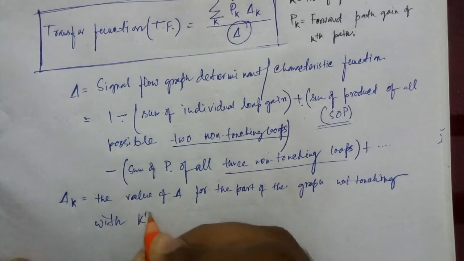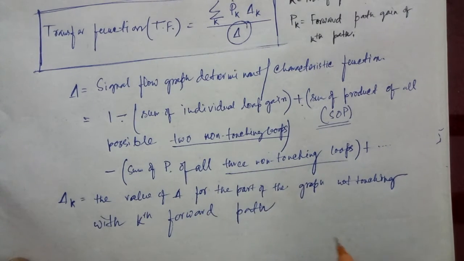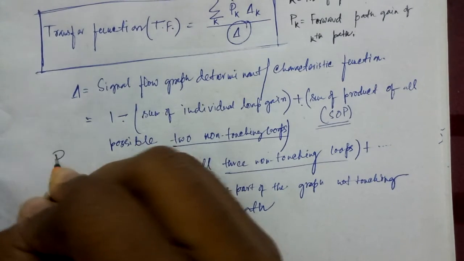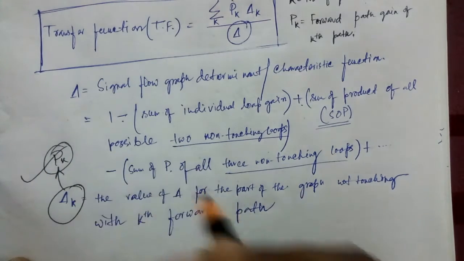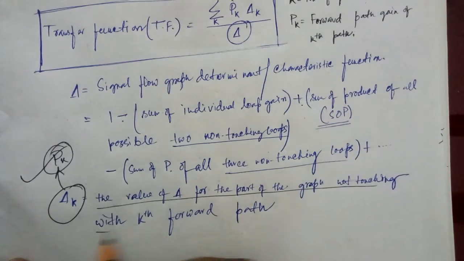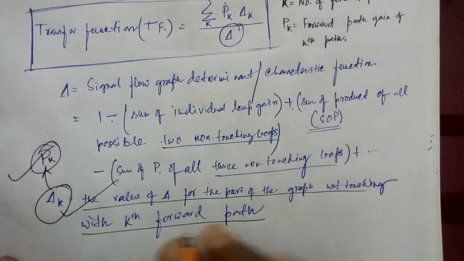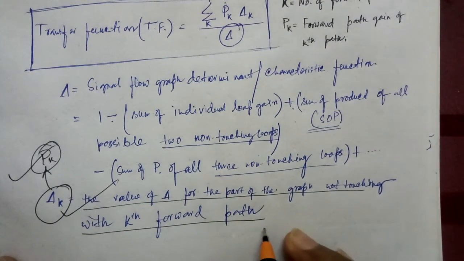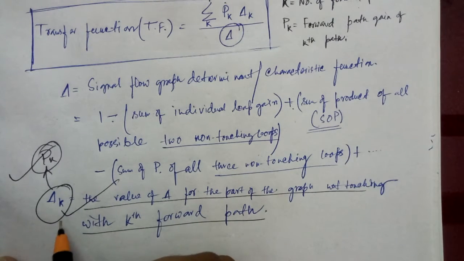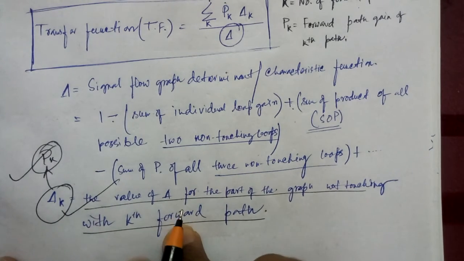With the kth forward path means this is actually linked with the forward path, right? So this is not a very easy concept. You have to understand it through an example, and after this lecture, in my first example video, I will clear this point. In my problem this part will be there, and it is very important to understand.